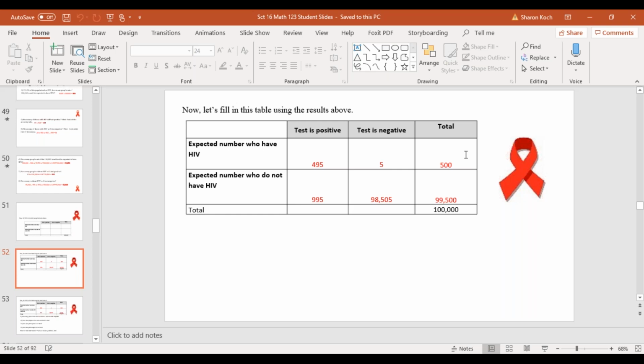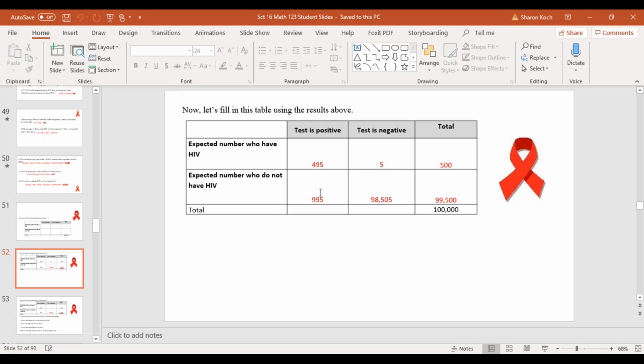Here in the middle is the accuracy of the test. If the test is 99% accurate, that means out of these 500 people, 99% will test positive. So 99% of 500 is 495. And then with a subtraction, I know that 5 people would test negative, because if I add these two together, I get 500.